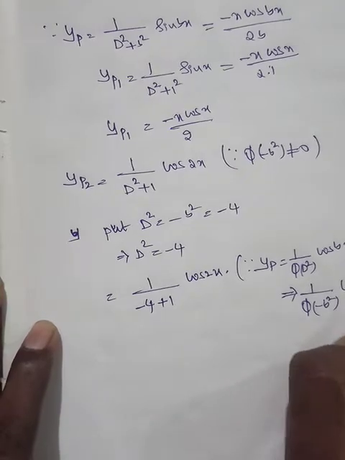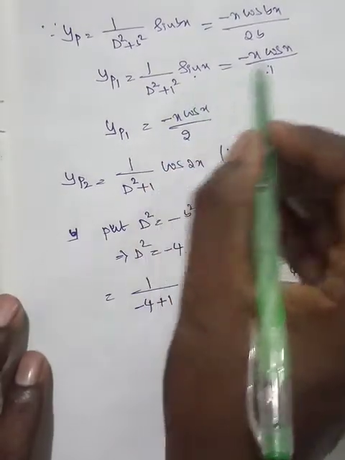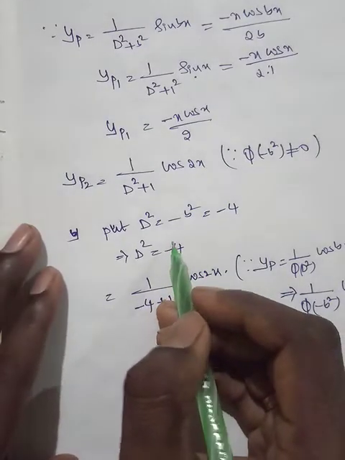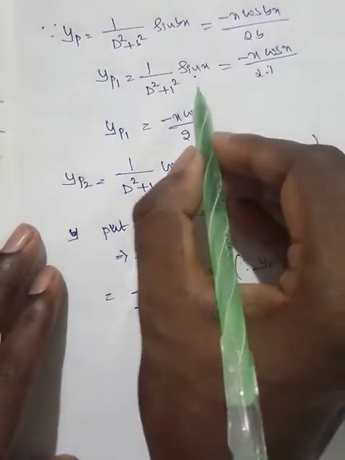Same as this, nothing will be changed. If phi of minus b square equals 0, then we use case 2.